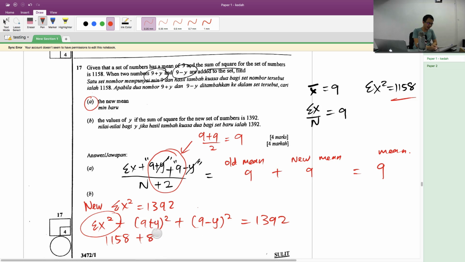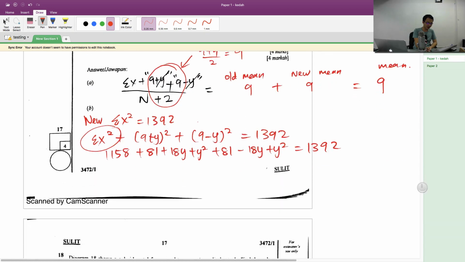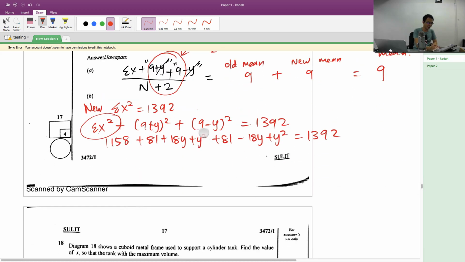So I get plus 81 plus 18y plus y squared, plus 81 minus 18y plus y squared equals 1392. Y squared plus y squared is 2y squared. Minus 18y plus 18y is 0.